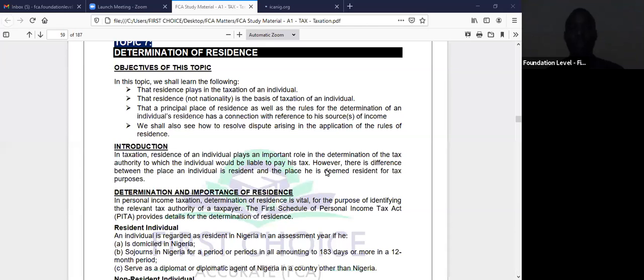Now you may ask, which state is responsible for charging an individual tax? We all know that for a company, the tax goes directly to FIRS, wherever your company is situated.